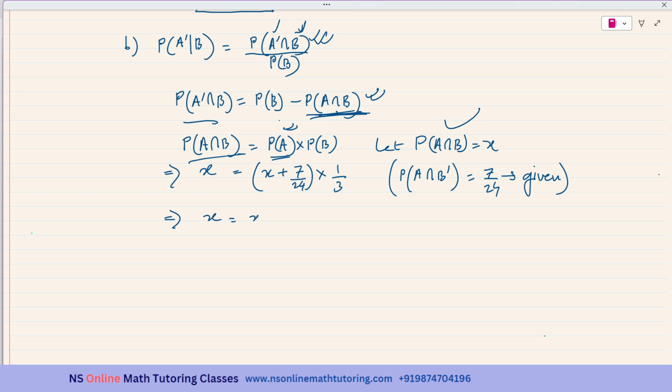X equal to, I am expanding, X over 3 plus 7 over 24 times 3, 3 times 4 is 12, carried 1, and 3 times 2 is 6, plus 1 is 7, so 72.